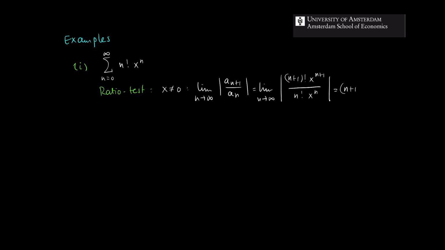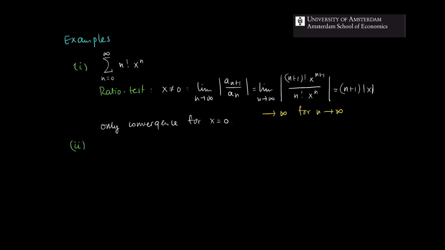So what is remaining is n plus 1 times the absolute value of x. Clearly, since x is not equal to 0, this has as a limit infinity for n going to infinity. So in this example, we see only convergence for x equals 0. If x is unequal to 0, we see that the power series diverges.